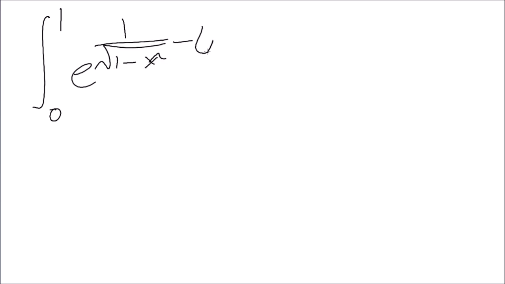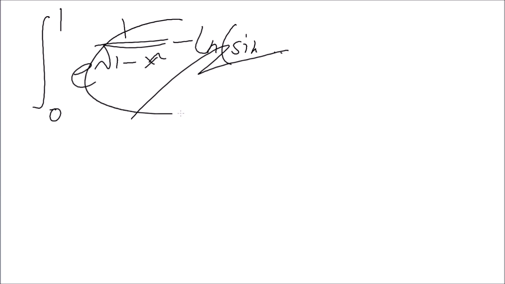I don't like graphing, especially if you're given a nasty graph like e to the 1 minus x squared minus ln of sine, blah blah blah, and you're trying to approximate the area or solve this geometrically. Please, I highly doubt you can graph this.